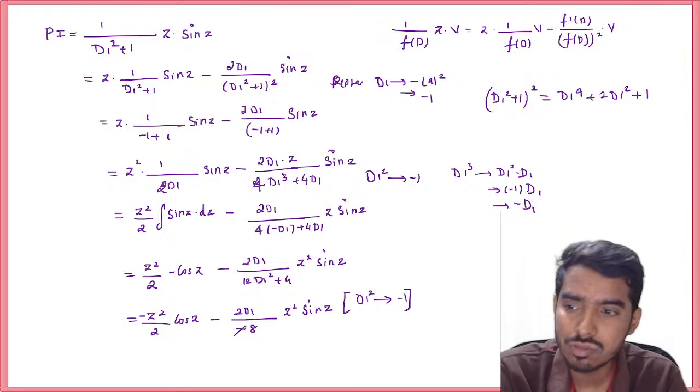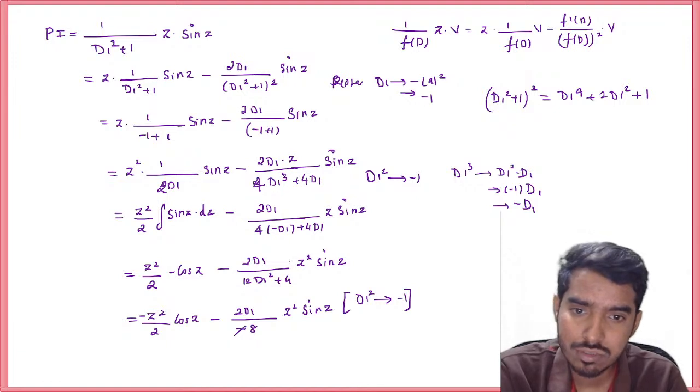So D square ab plus we have D1 power 4 plus 2 D1 square plus 1. So this will be D1 power 4, D1 cube, 4 D1 cube plus 4 D1 by multiplying z here. Now 12 D1 square plus 4 D1.